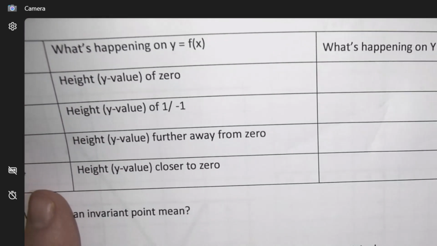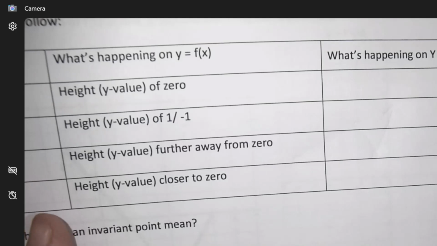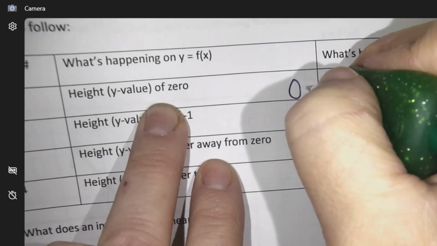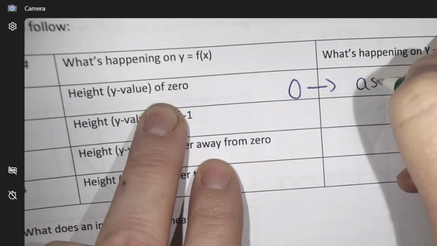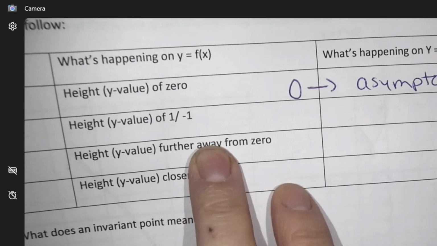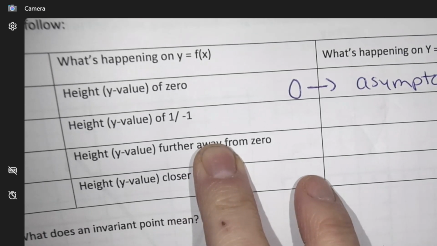Okay, when I graph reciprocals, I always have a 4-part process. So I look for heights of 0. If you ever have a height of 0, the new height is an asymptote.